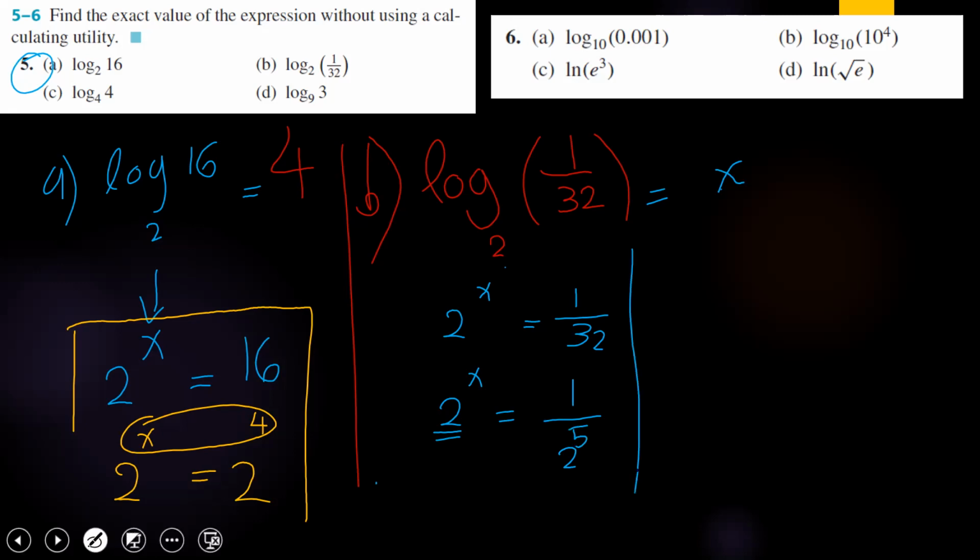Then as you see, 2 to the power x is 1 over 2 to the power 5. I want them to have the same bases, but here they are not the same. So I have to rewrite 1 over 2 to the power 5 as 2 to a negative exponent.